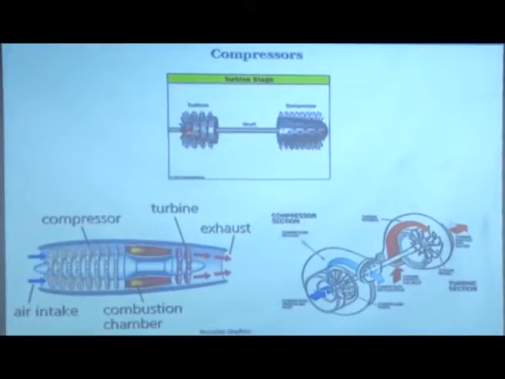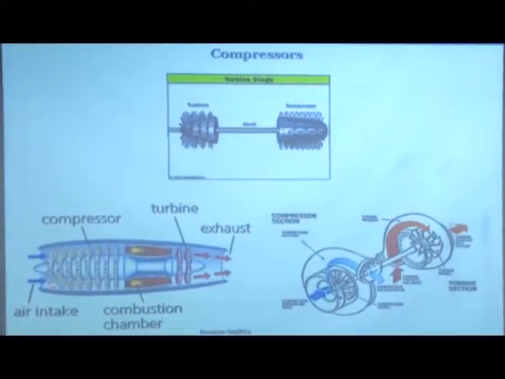So, in a very simple way, this is what a turbocharger is. There is a turbine and there is a compressor, and they are connected on the same shaft. A very simple analogy I will give you, you must have studied this: the jet engine.